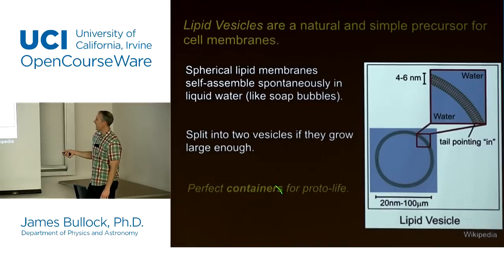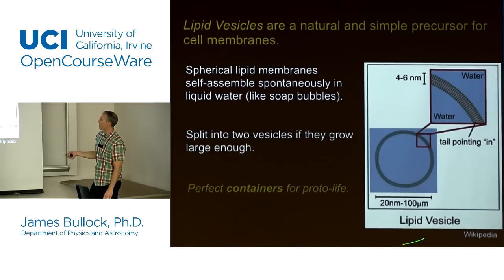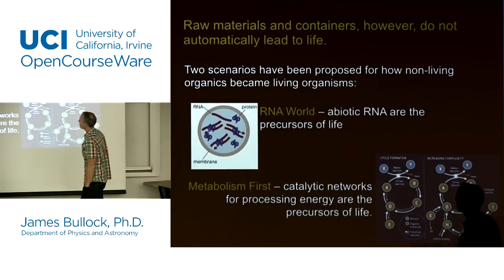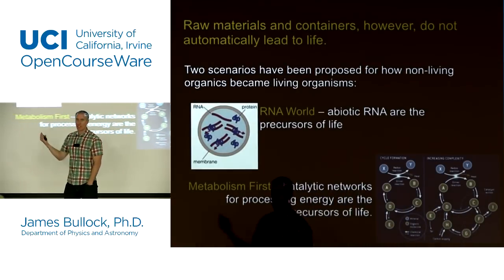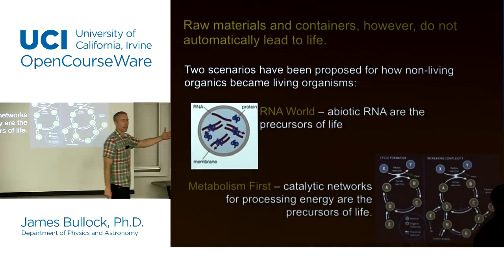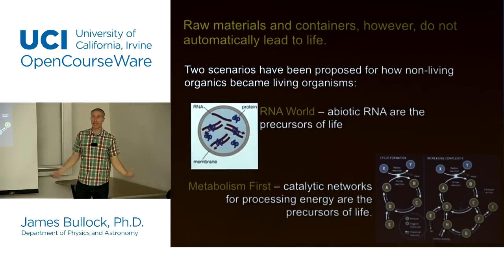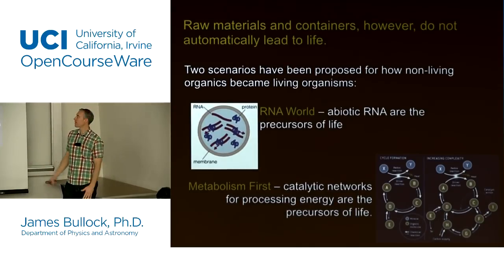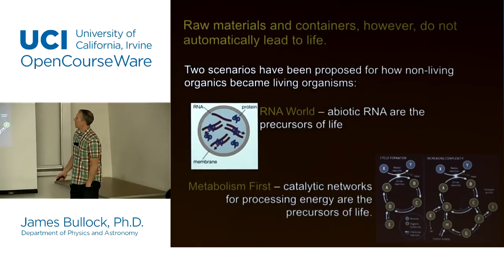So you can think of these as containers for proto-life. Of course, you have the raw materials, right? You've got amino acids, say, and you've got these containers, which are not that hard to, in principle, create. But again, that's still not life. Sorry, I slipped up. You can't just put amino acids in a soap bubble and that's life. Okay.